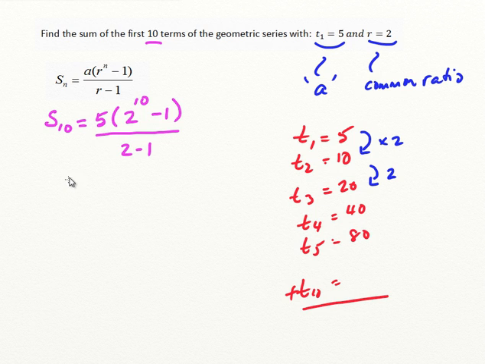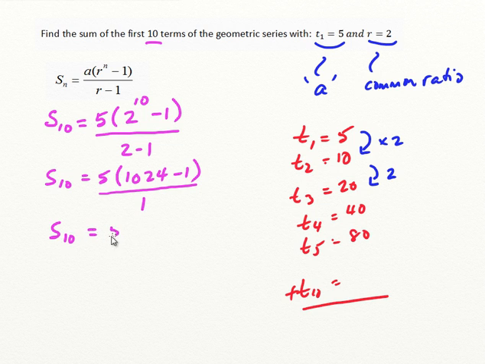Okay, so now we can start simplifying, filling out what's inside the brackets. The sum of 10 terms is equal to 5 times, and I know that 2 to the exponent 10 is 1024, minus 1, all of that over 2 minus 1, which is 1.